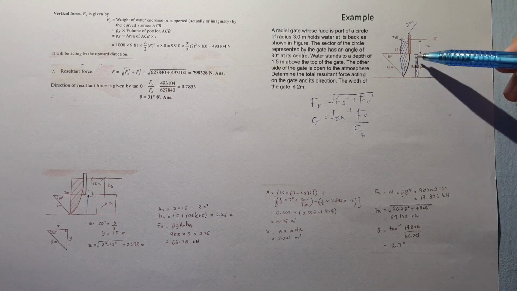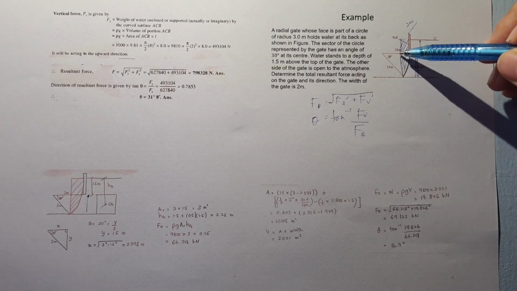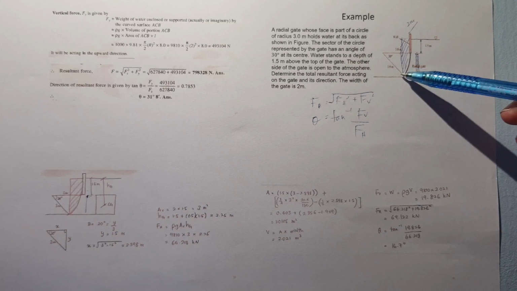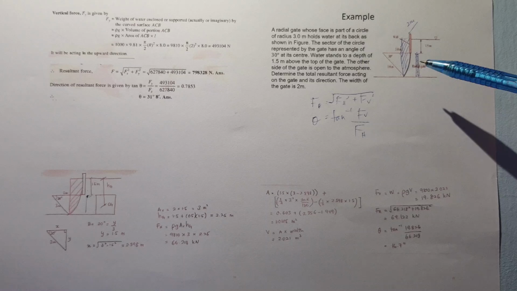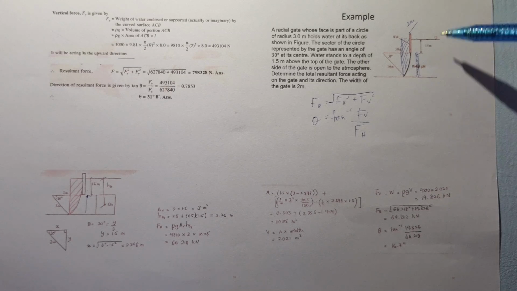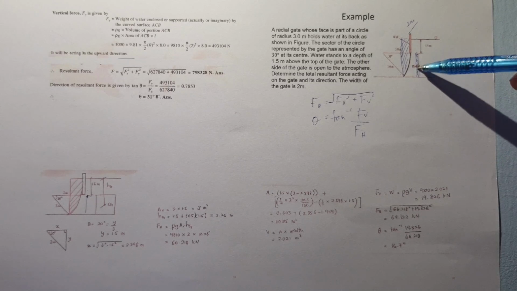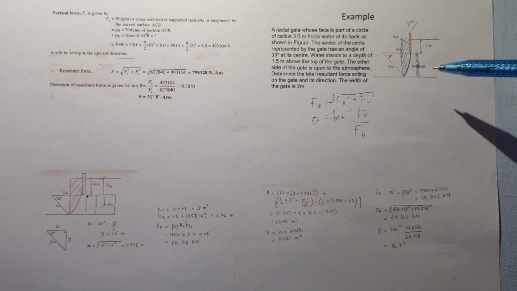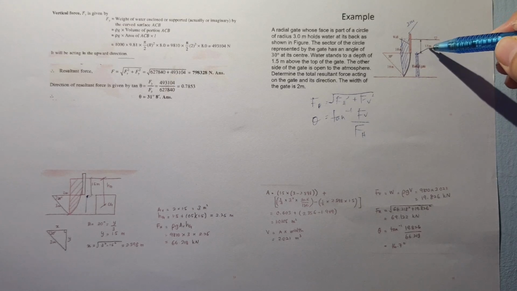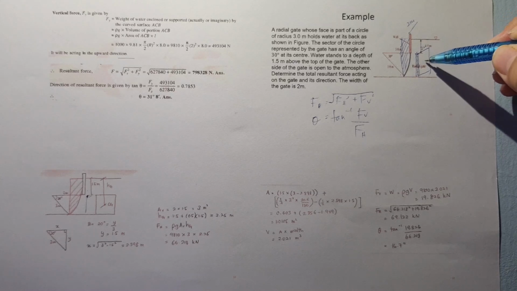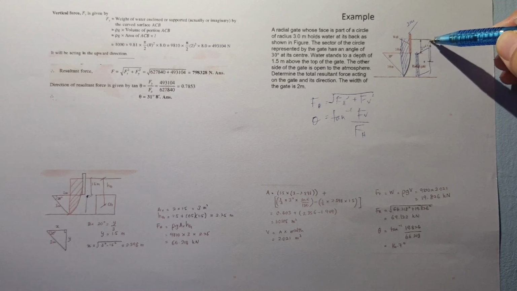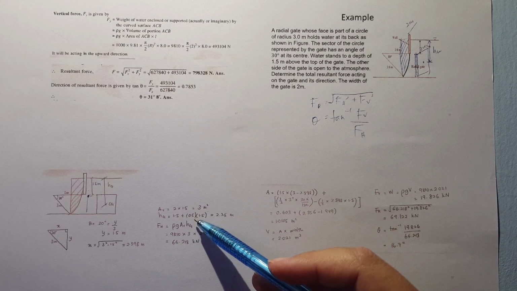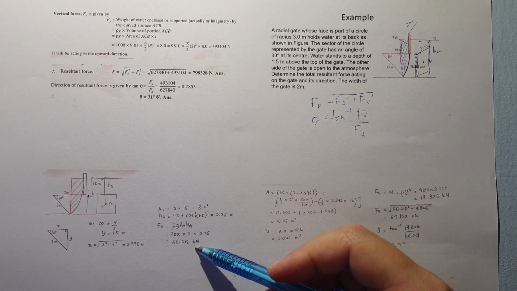The height is not given, so you have to use mathematical knowledge to calculate the height of the gate after you project it as a plane surface. So the length is the same, 2 meters. Locate the CG, from CG to the surface is HG. So after that we calculate force in horizontal direction.